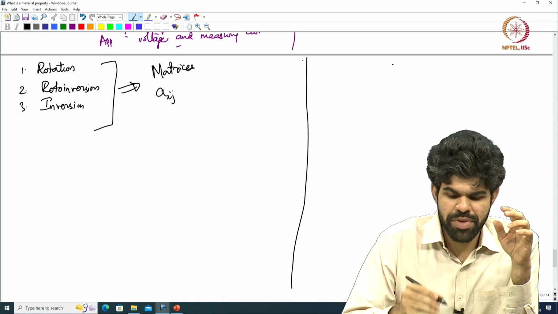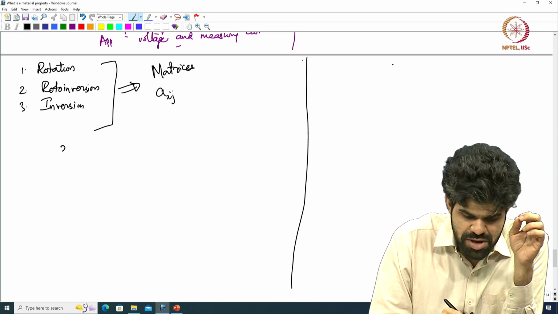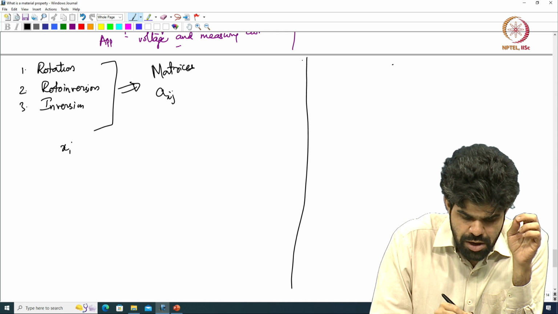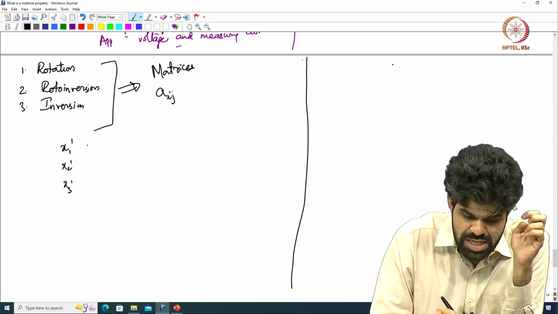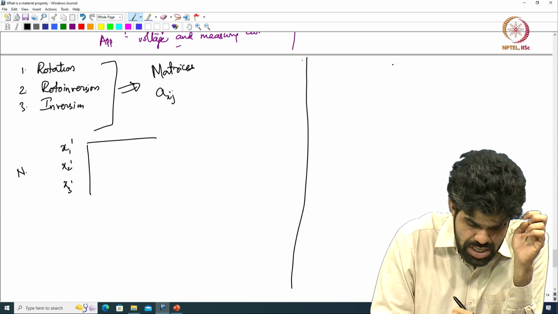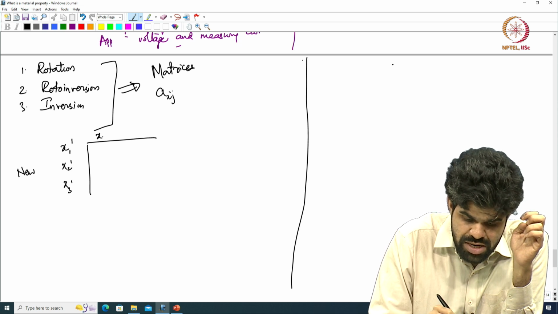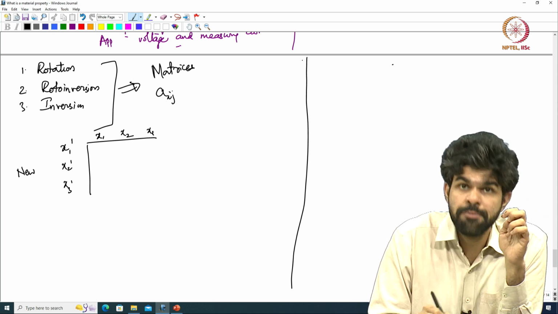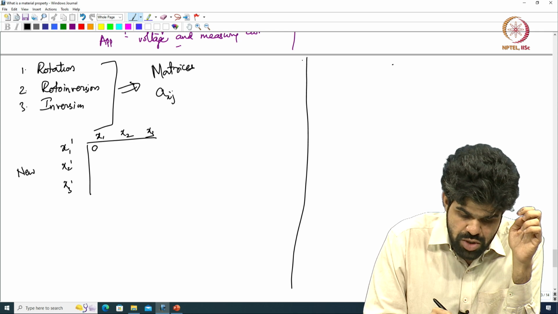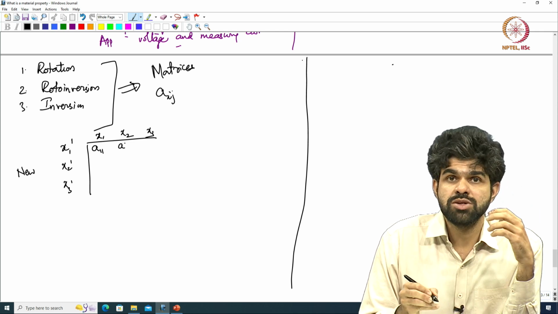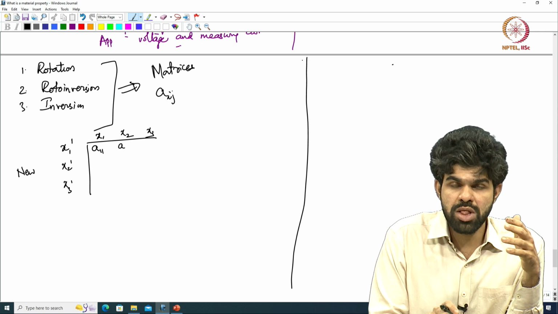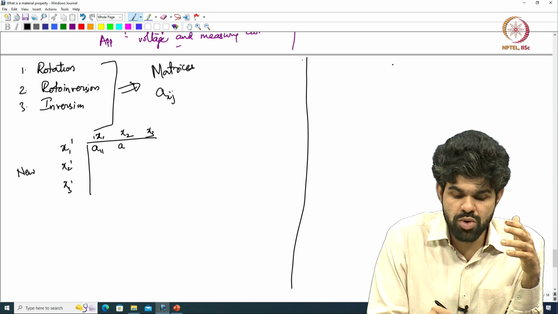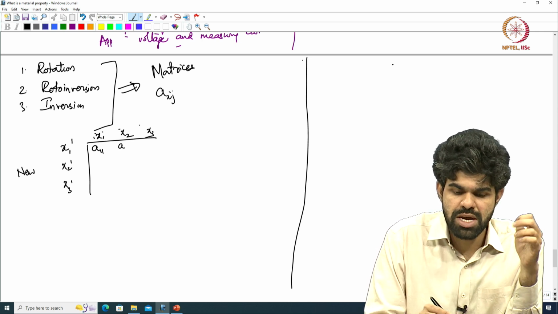In some sense, I am transforming to x1 prime, x2 prime, x3 prime. This is the new coordinate system from an old coordinate system which is x1, x2, x3. The transformation happens if I multiply the vector in the old coordinate system, x1, x2, x3, with this matrix.